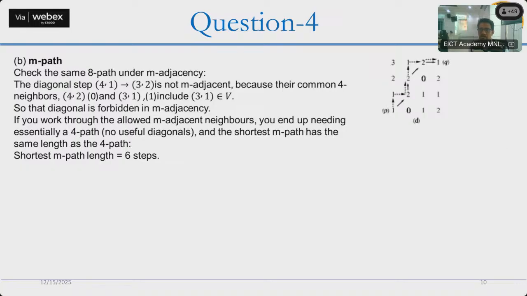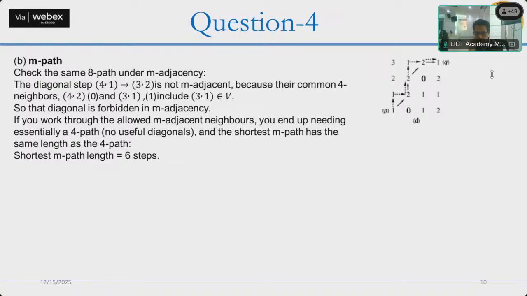Further. Shruti, I think your point is clear. M path will always exist if there is a 4 path. It doesn't need to be the diagonal.